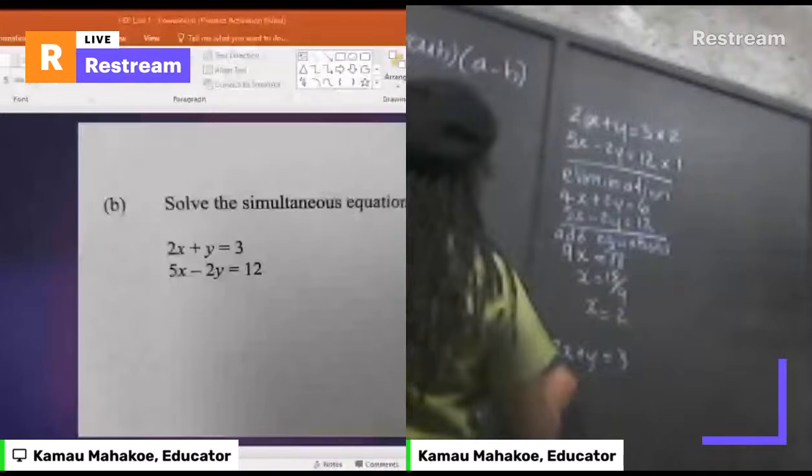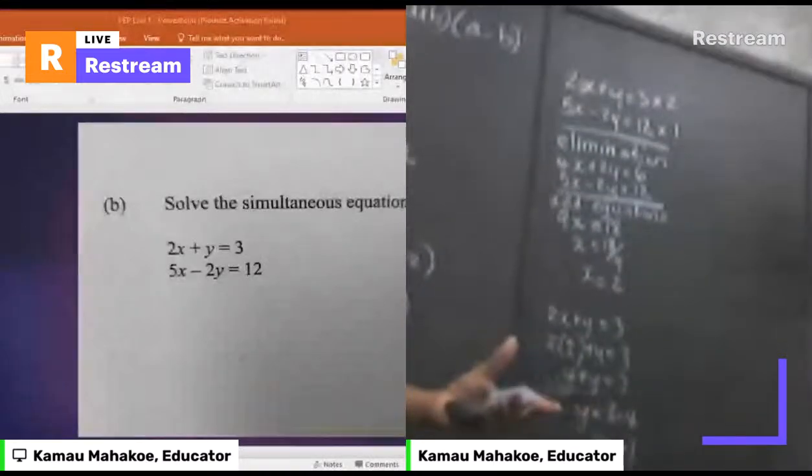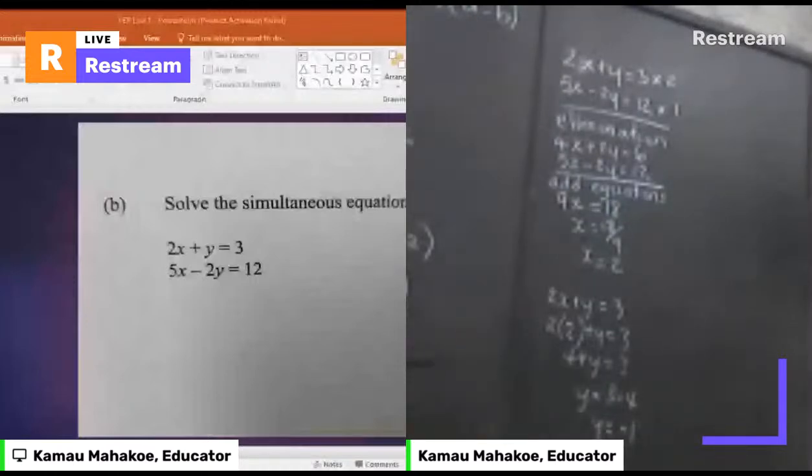So y is 3 minus 4, which is negative. So those are the two methods used to solve simultaneous equations: the substitution method and the elimination method.